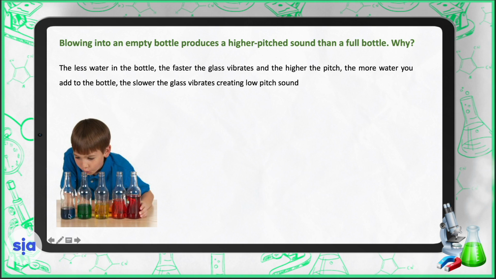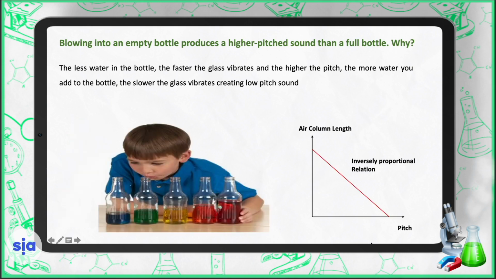Because the less water in the bottle, the faster the glass vibrates and the higher the pitch. The more water you add to the bottle, the slower the glass vibrates, creating a low-pitched sound. This means that the air column length is inversely proportional to the pitch.